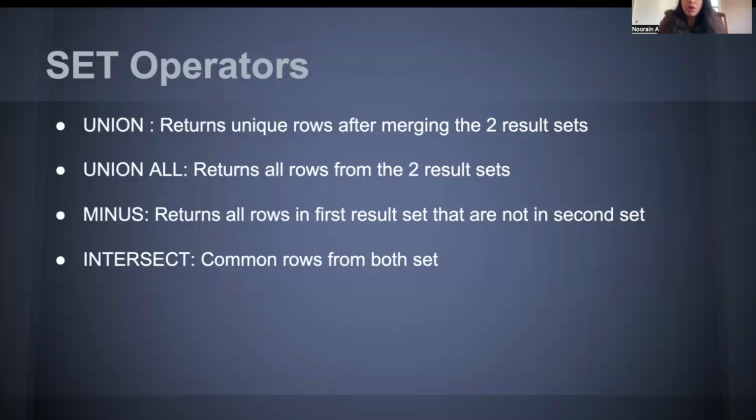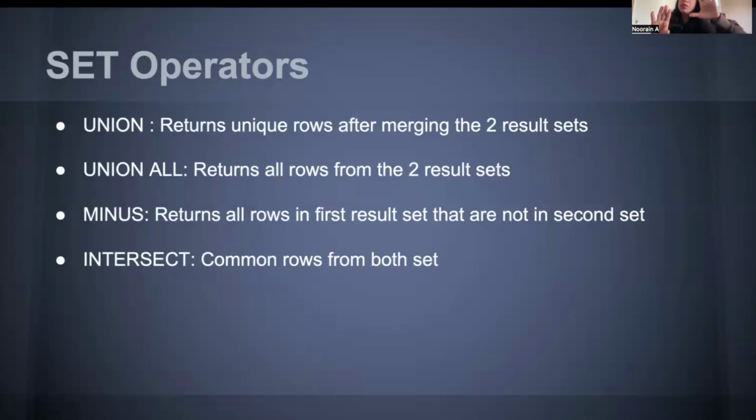Minus returns all the rows in the first result set that are not in the second result set. So you might have a students table, and a table of people who have enrolled. Then you want to find out who are the students who have not yet enrolled.